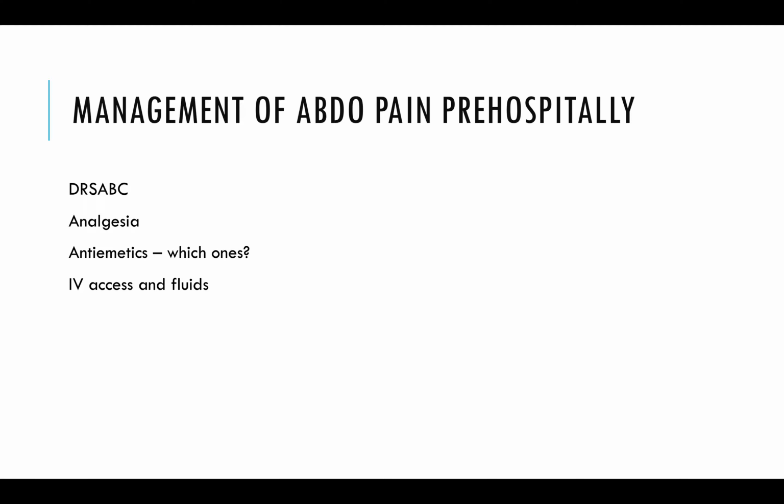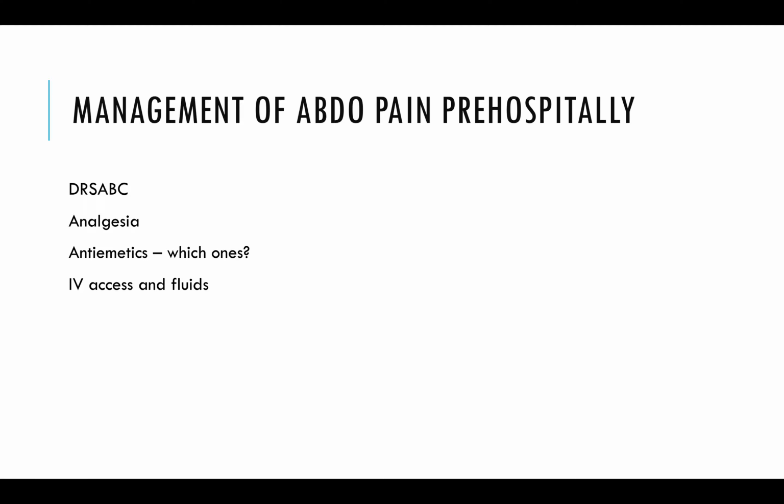If the patient has signs of sepsis, so they're hypotensive, tachycardic, febrile with their abdominal pain, and you think it's likely some sort of infective source, then you can definitely use a reasonable amount of fluids, maybe up to 20 mils per kilo. It's really important to make it clear how much fluid you've given once you get them to hospital.